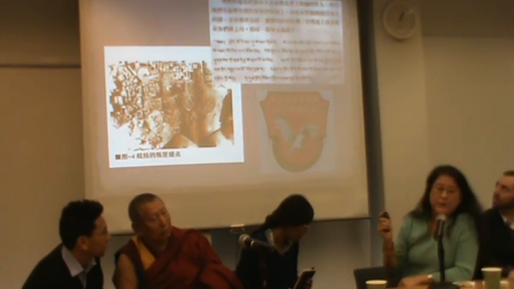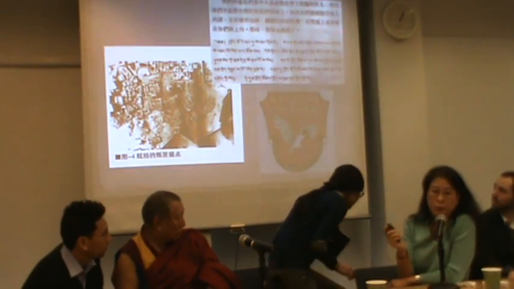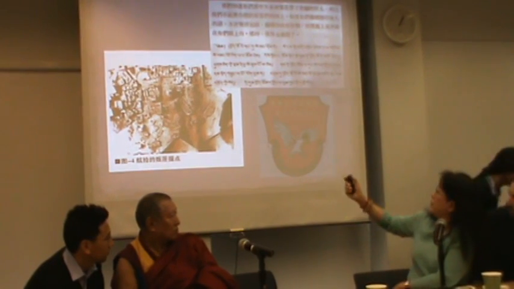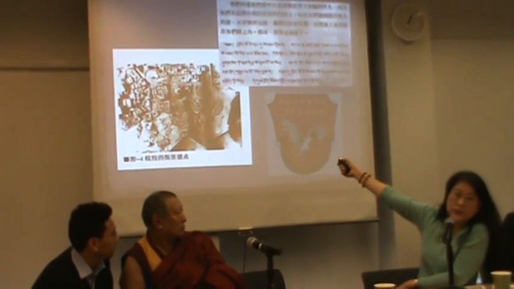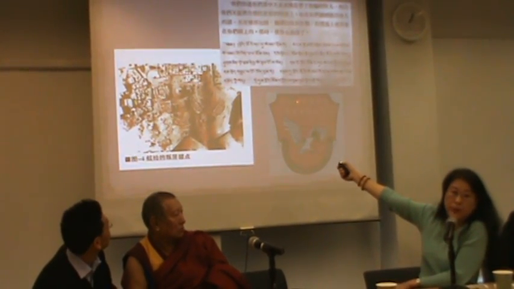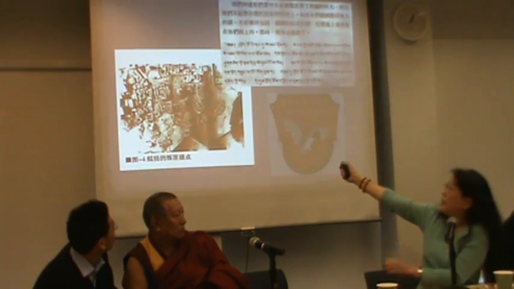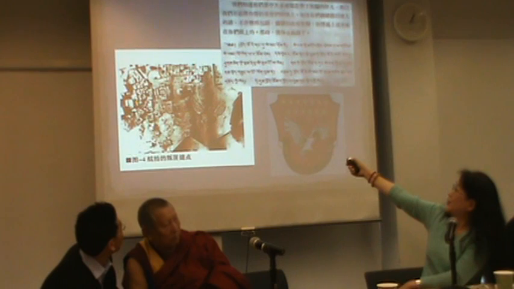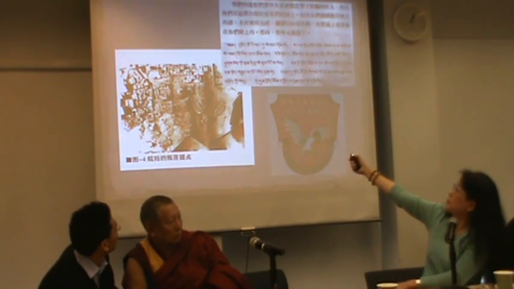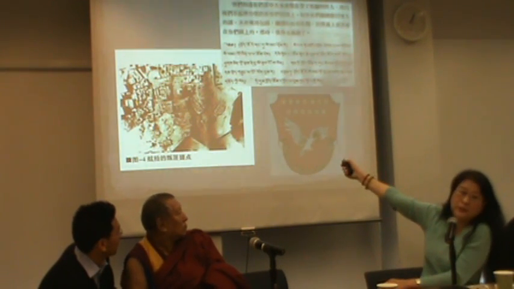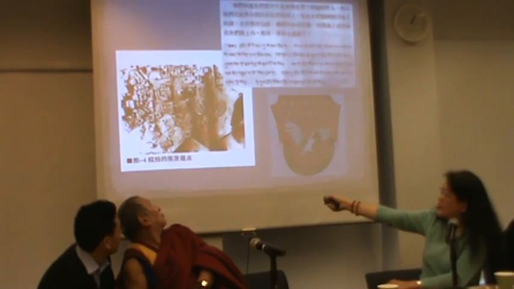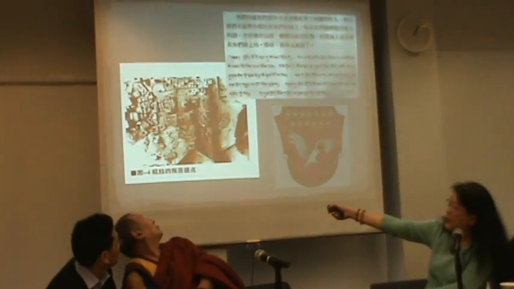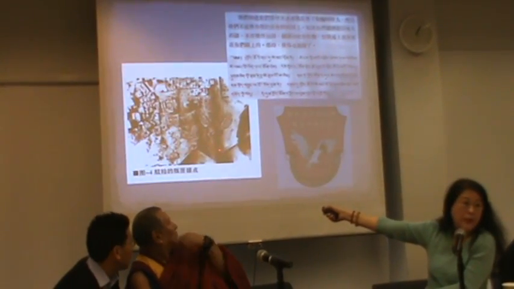Now, this is evidence of the Air Force. This is a leaflet spread from the airplane, and it's in Chinese and Tibetan. And you can read that. It's threatening that if you don't put down weapons, we're going to bomb you. And this is a picture taken from the Tupolev 4.